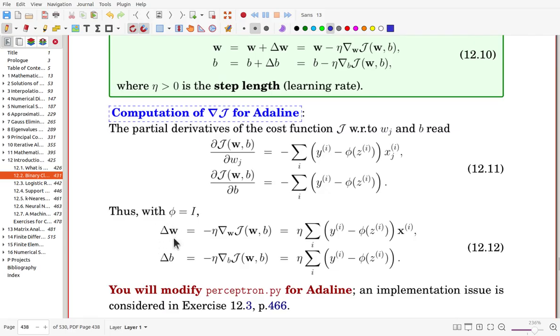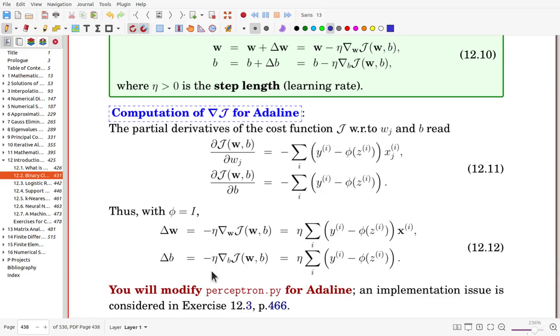So the correction vector for w is minus the gradient scaled by eta. But the gradient already has a negation here, so they cancel, and we get eta scaled by the vector form of the negative gradient. This one is simply this term with negation of this term scaled by eta.